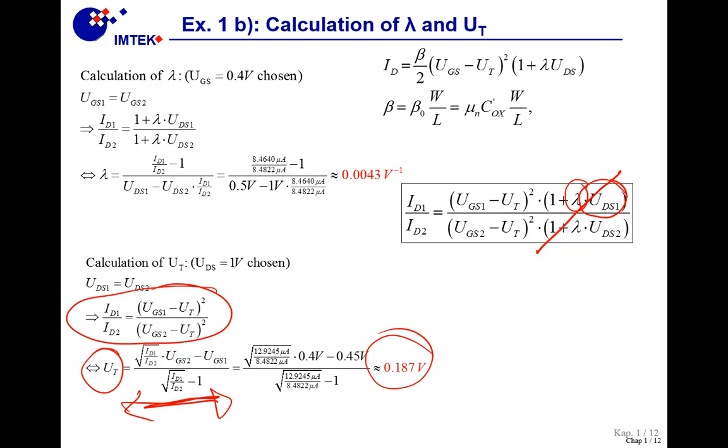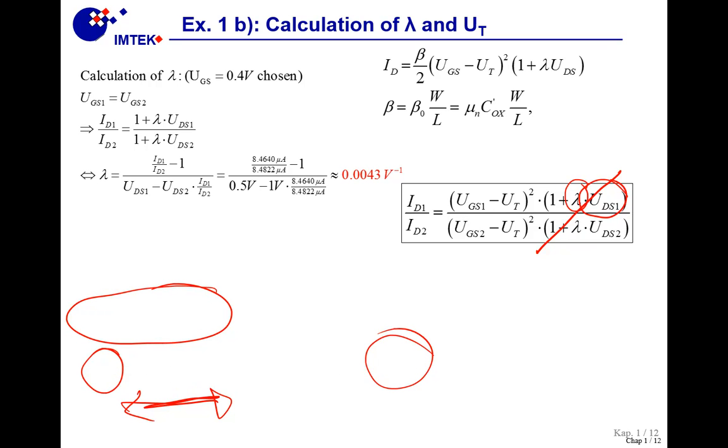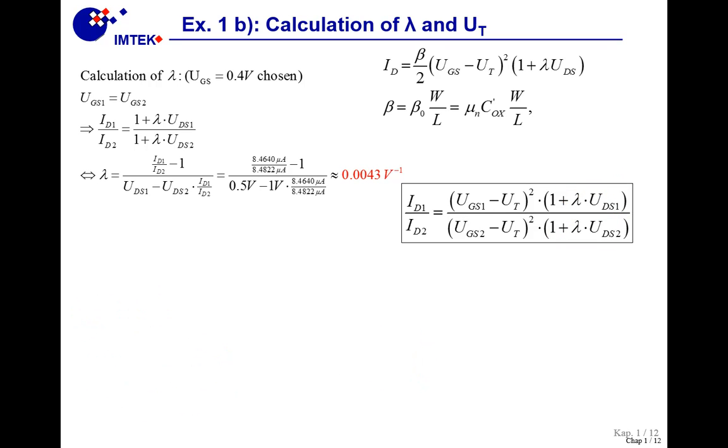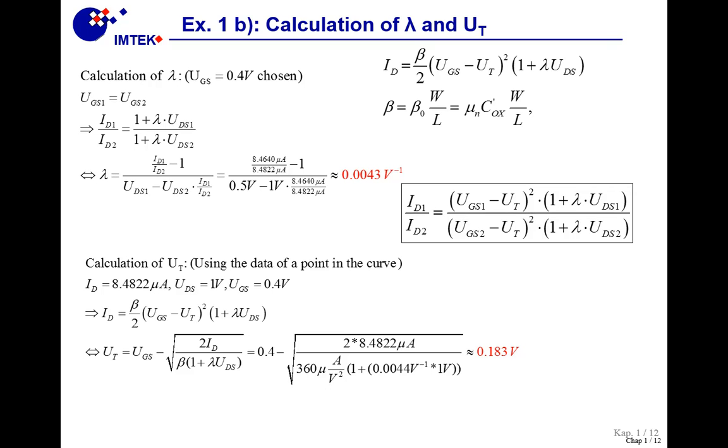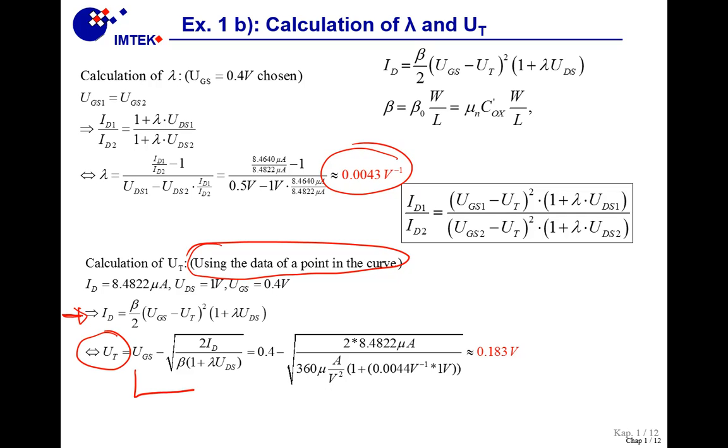So instead now of choosing a specific UDS, what I'm doing now is I use only a single data point of the curve. I use the information that I already have from the channel length modulation, and then I just plug in. So I get my regular equation, which is this one here for saturation. And then I just solve for UT again, and you end up with this formula here.